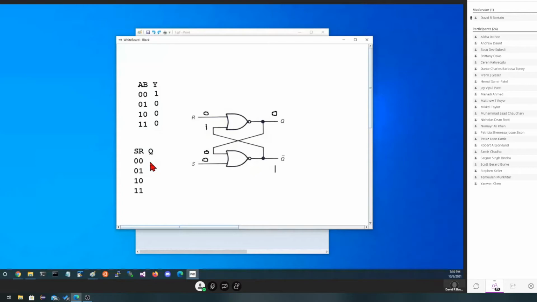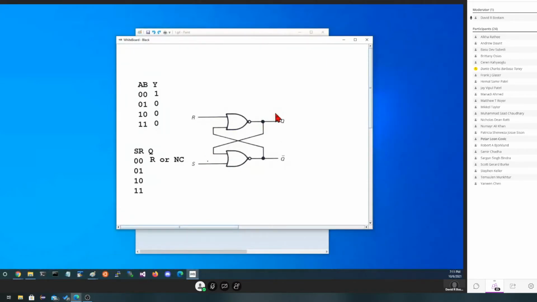Let's put them both over here for the moment. So it's either producing, we'll just put R for reset here, or no change. One of those two is happening because it's a 0, 0. The way we can decide which one is, let's look at what happens if we make this be in the set state.